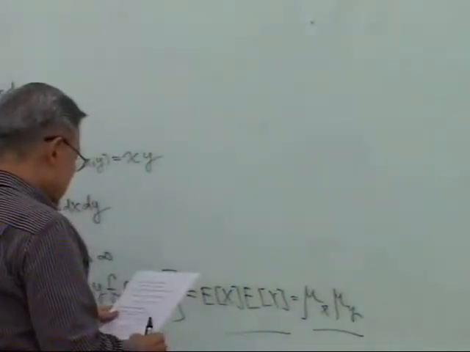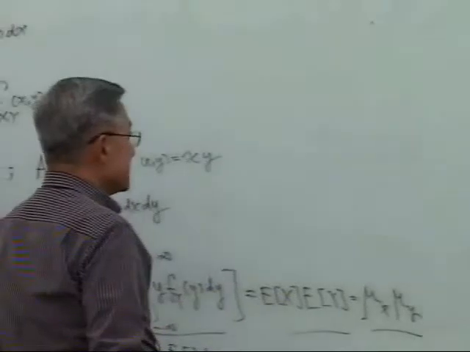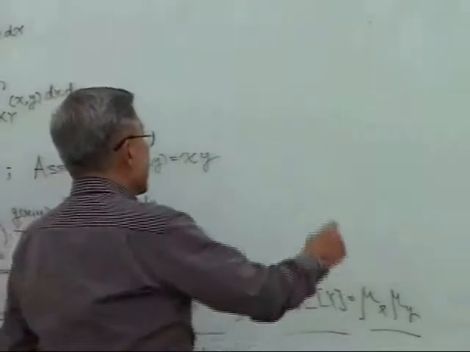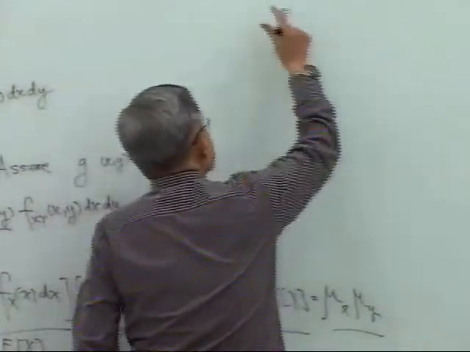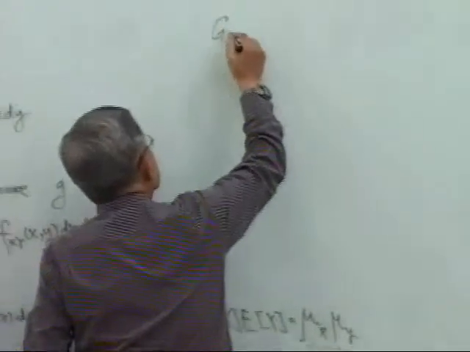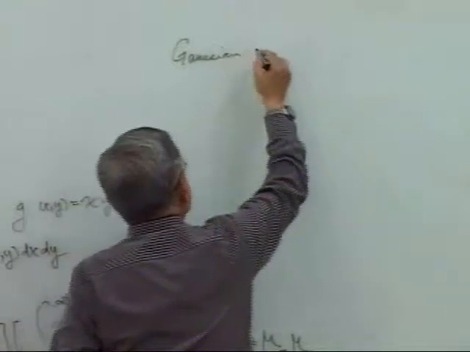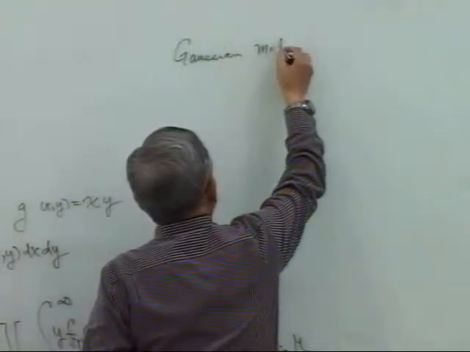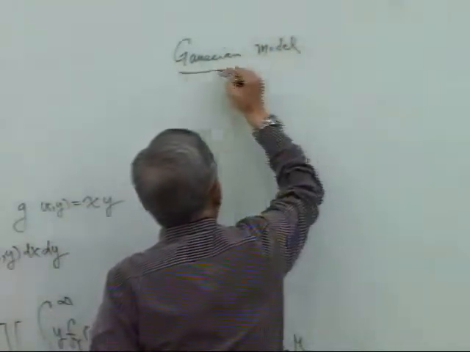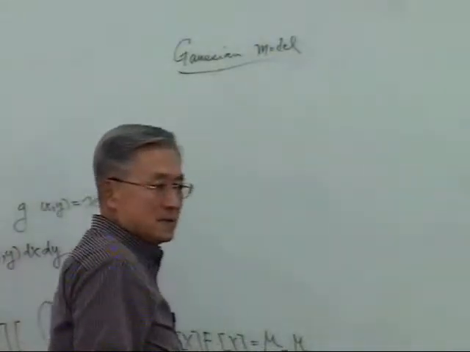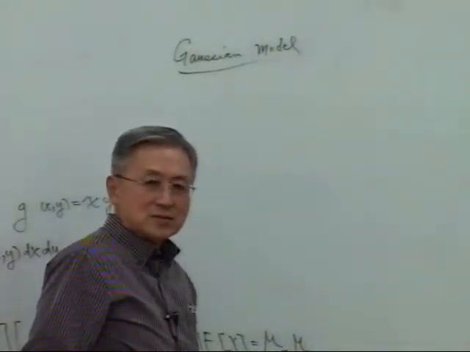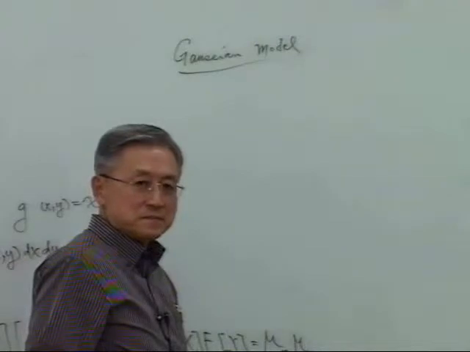Okay. So now, if it's a Gaussian, we have done the Gaussian model. Simpler to say, Gaussian model. The normal density function is a model.